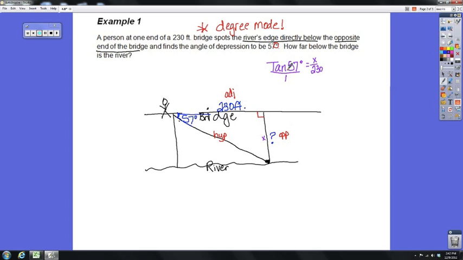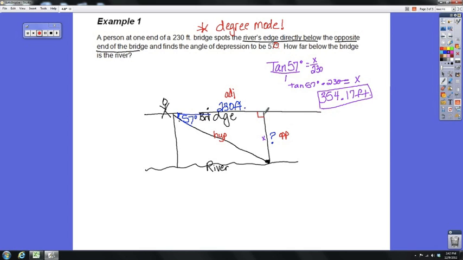So think of it as a proportion. Tangent of 57 degrees times 230 equals x times 1, which will be x. So this one was an easy one. You're just going to multiply tangent of 57 degrees times 230, and let's give a couple of decimal places. So that's 354.17 feet.